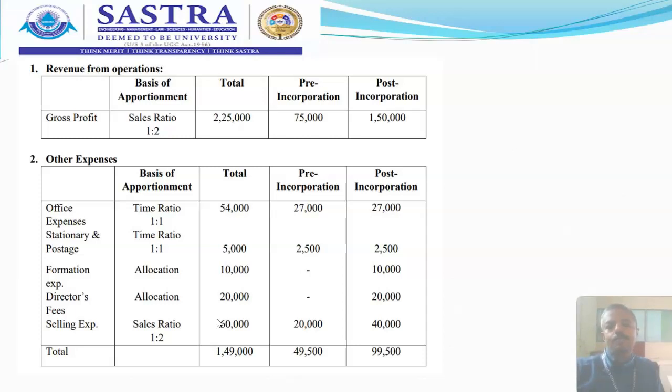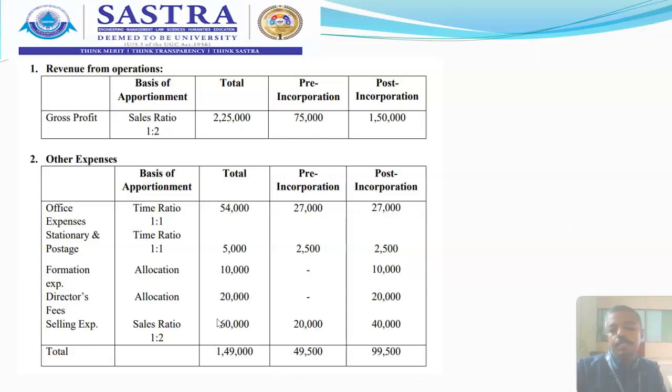So it is irregular, so it has to be allocated, either to pre-incorporation or post-incorporation based on the nature of the expense which we incur during a particular period. Since the directors come into the picture only after the registration, the director's fees of rupees 20,000 is directly allocated to the post-incorporation period, rupees 20,000.